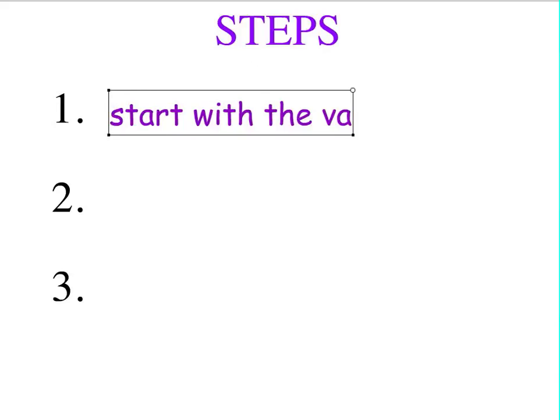Alright, now let's go specifically to the steps of the undoing method. I'm going to list the steps first, and then we'll see an example of how we use all these steps. I'm going to type these out, which I think will be easier. My first step is to start with the variable.